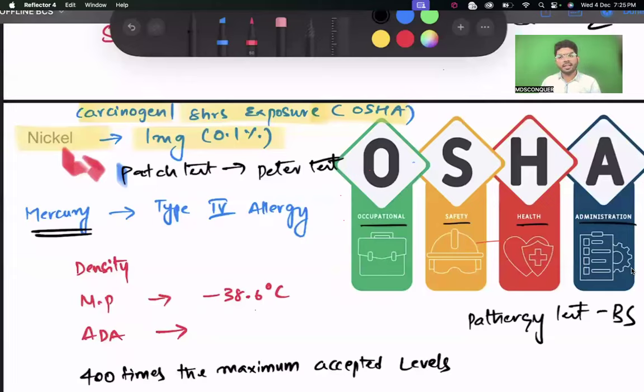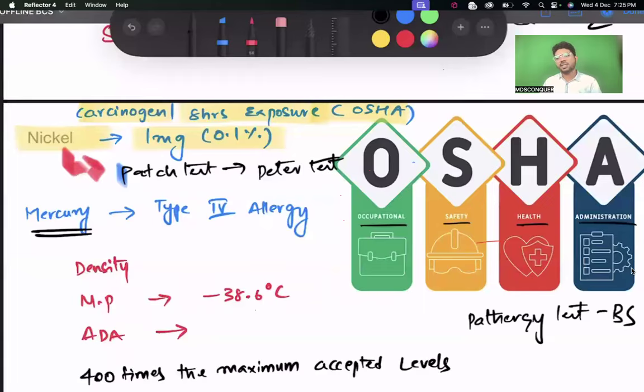What is type 1 allergy? Normally, what is type 1 allergy? Type 1 is anaphylaxis, atopy. Dangerous, immediate. And what is the drug of choice for this? Adrenaline. Now, it's not IV, you cannot give IV.